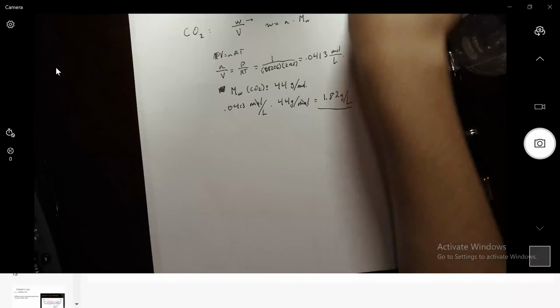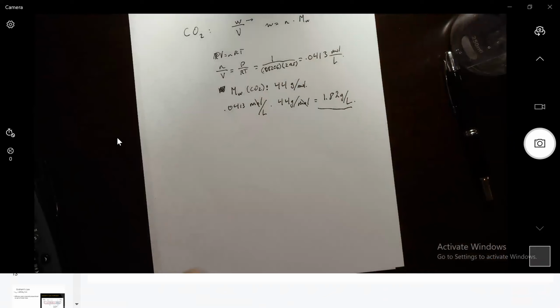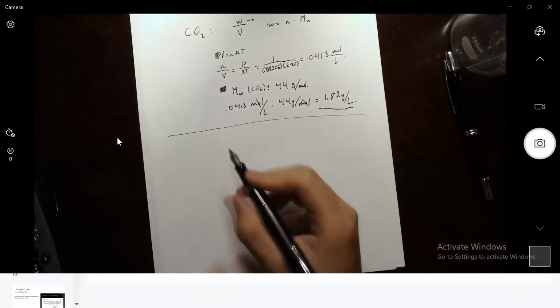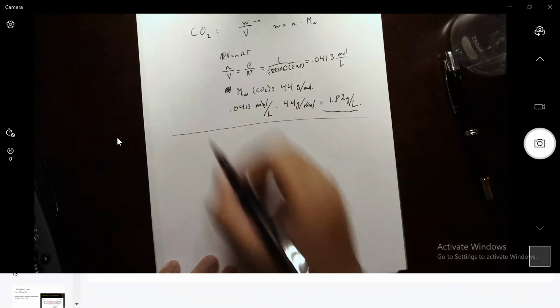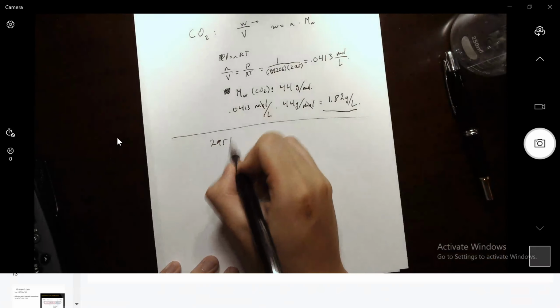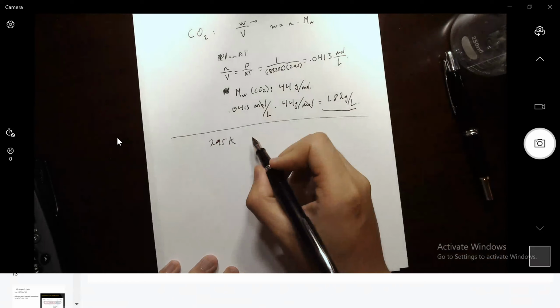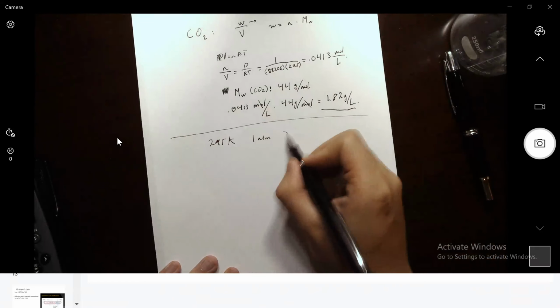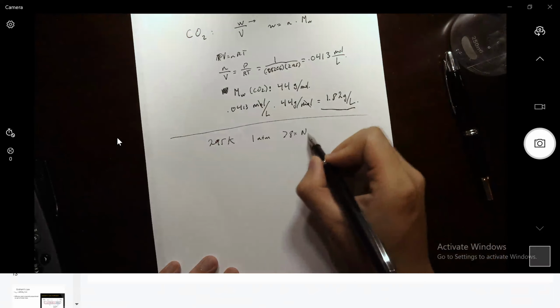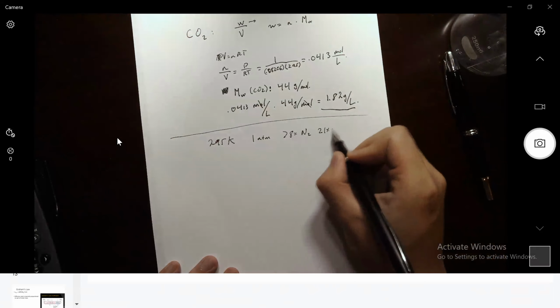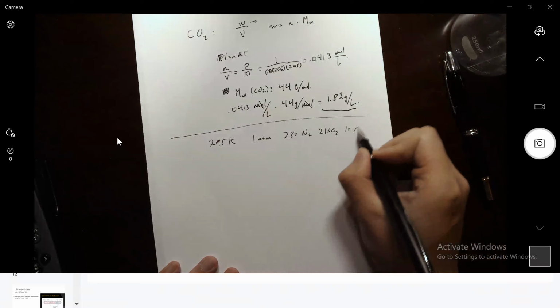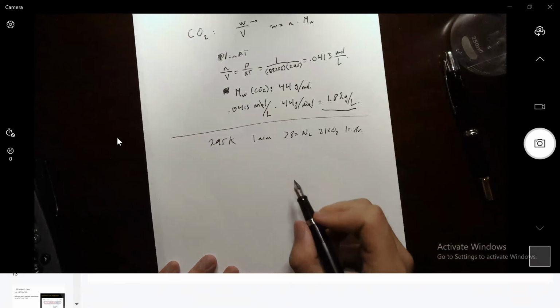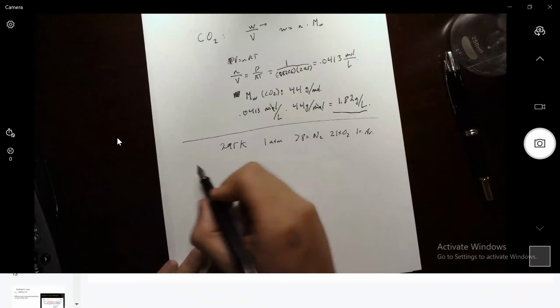I'll do this one in red pen. Okay, so we are given the temperature, 295 Kelvin, and 1 atmosphere. Now let's do this step by step.